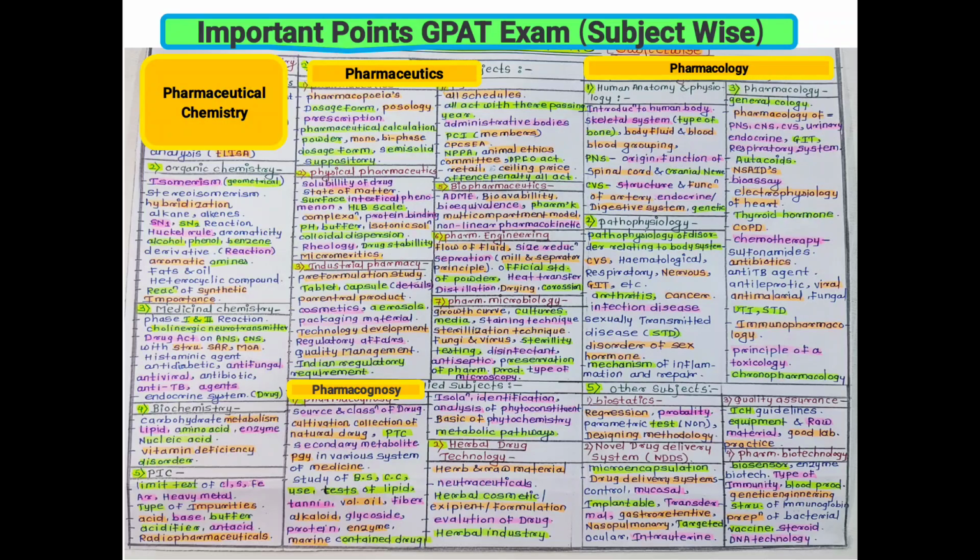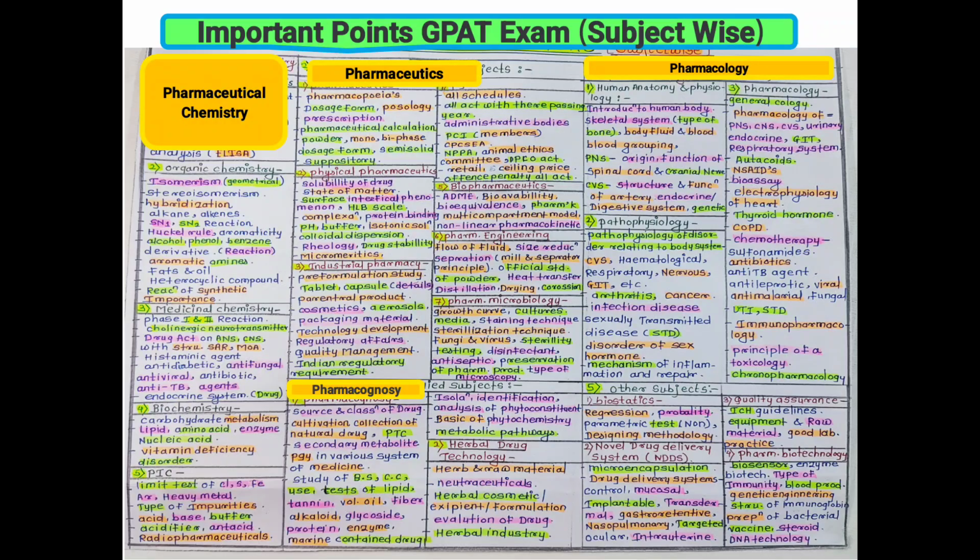You have to refer to this book, Brahmankar Biopharmaceutics. In that also, there are detailed explanations of protein complexation and protein binding. Next, pH, buffer and isotonic solution. In that, you have to know about the tonicity adjustment method.